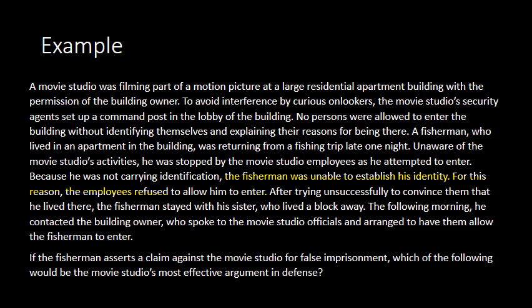Well, that seems kind of strange for false imprisonment. What we usually look for in false imprisonment is a person being kept somewhere. Okay, so we've identified this issue of what is the fisherman's weakest part of his claim.